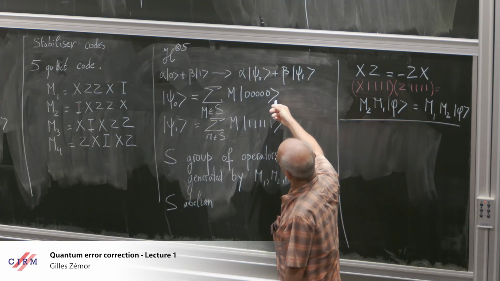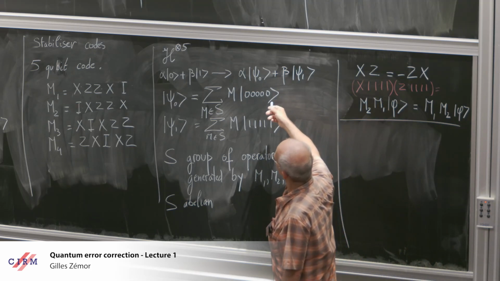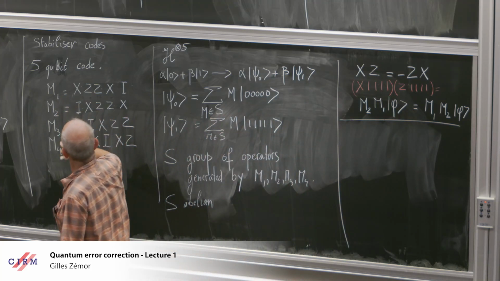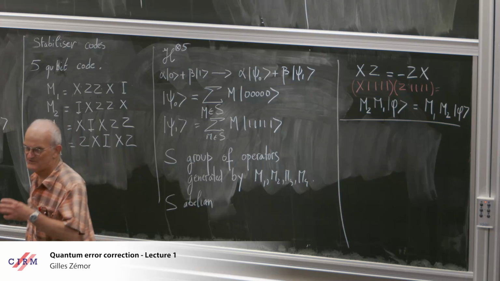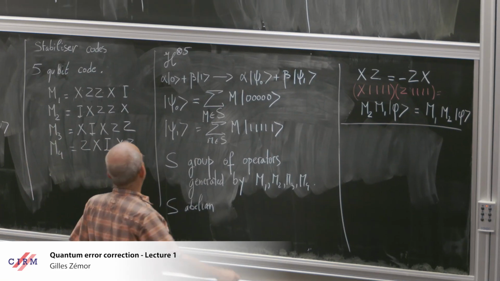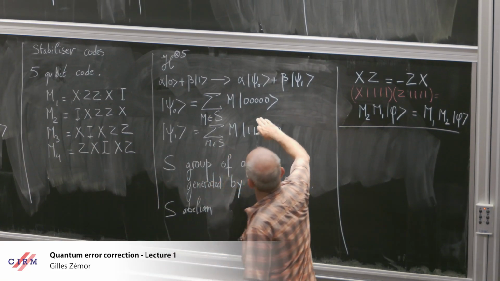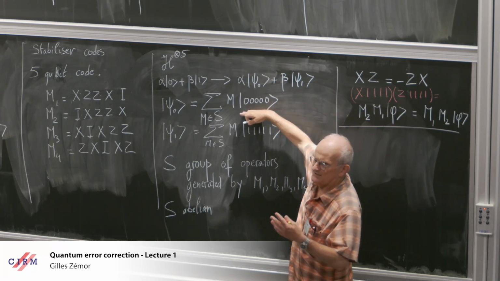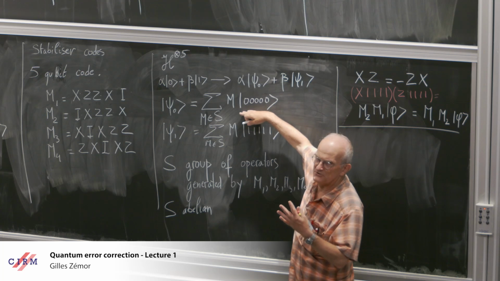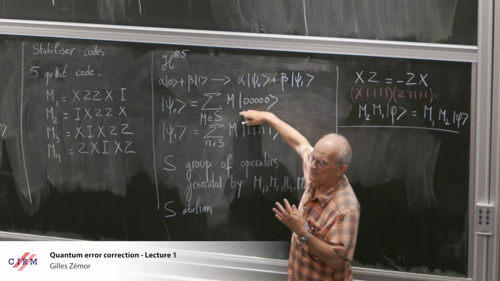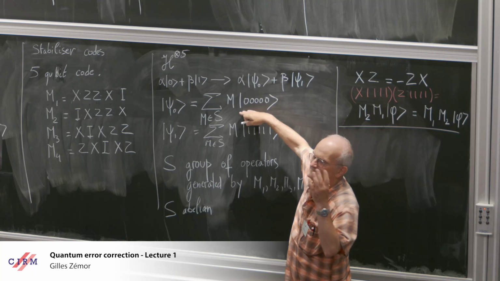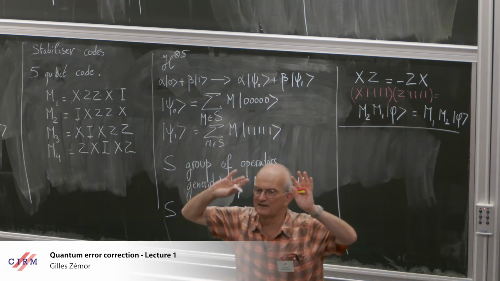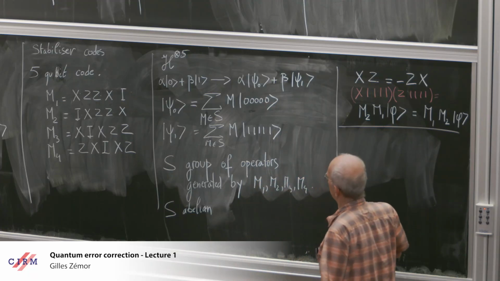So we may define these states, and you can see that the M operators, they all have 2 X's in them. So when you apply an M operator to the all 0 state, you're going to flip 2 qubits somewhere. And the Z operators may add minus signs all over the place, never mind the minus signs.